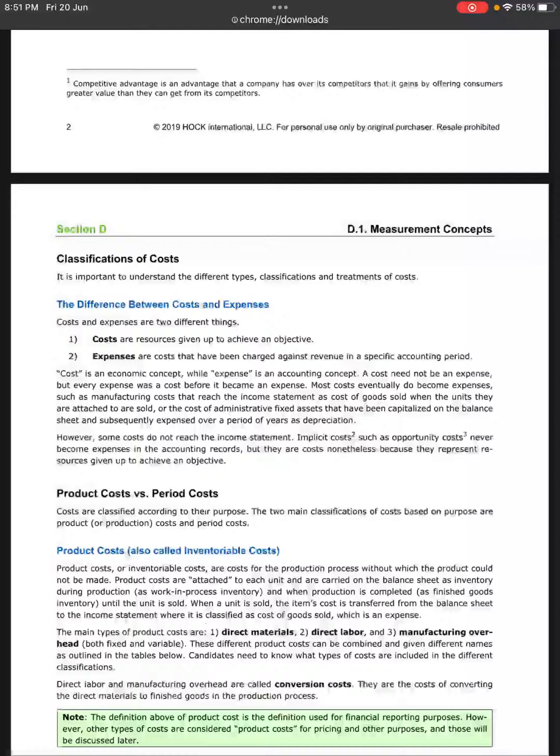Why? Because expenses include depreciation, which cannot be recorded in the accounting system, that also is included in expenses, but costs do not include those items. That is the only difference.